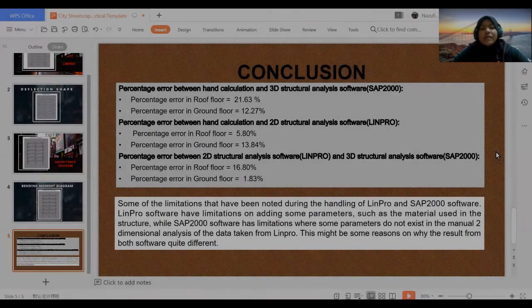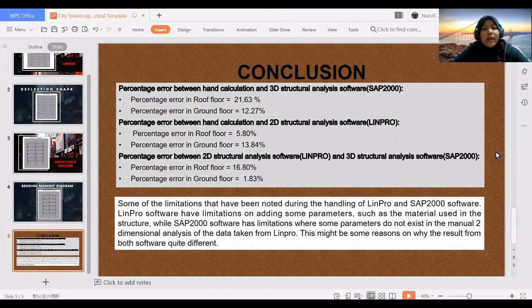85% of the 2D structural analysis software and the 3D structural analysis software results are the same. There is a slight difference because of some limitations noted while handling LinkPro and SAP.